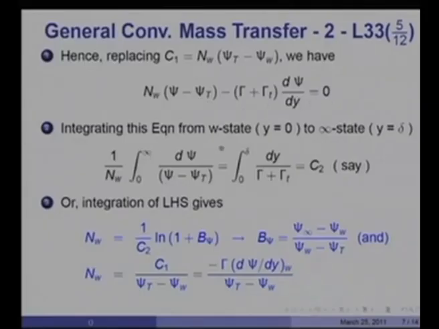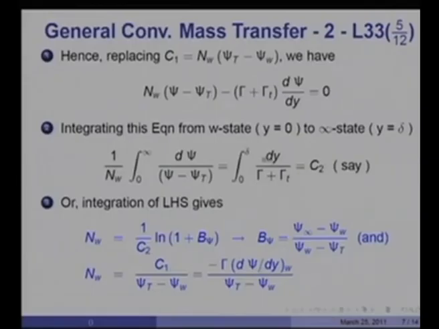If I integrate this equation from the w state, y equal to 0, to the infinity state, y equal to delta, then I will get 1 over N_W equal to the integral of d psi by (psi minus psi t) equal to the integral from 0 to delta of dy over (gamma plus gamma t), where gamma in case of energy is k by Cp. In case of species transfer, it is rho times diffusivity.